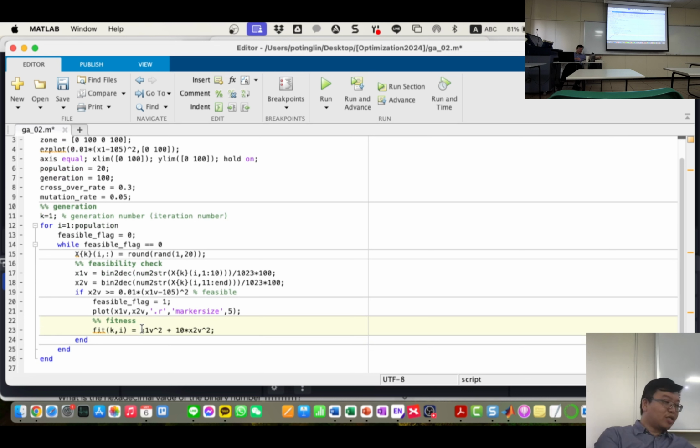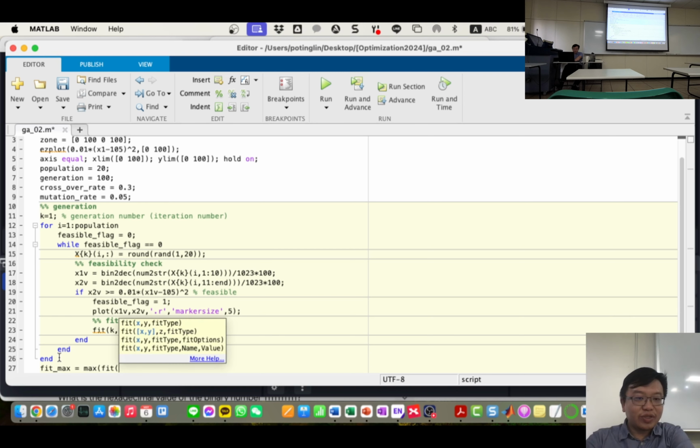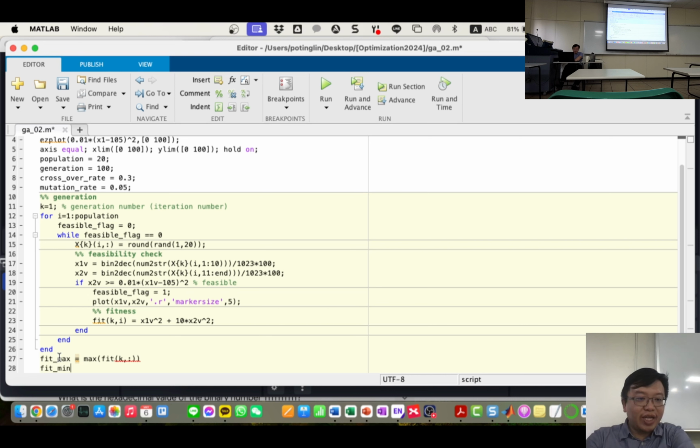Later on, because I need to do selection, I am going to use what I said. After I generate 20 of them, I need to see which one has the largest fitness, which one has the smallest. So fit max equals the max of all the fitness values, and fit min is the smallest.